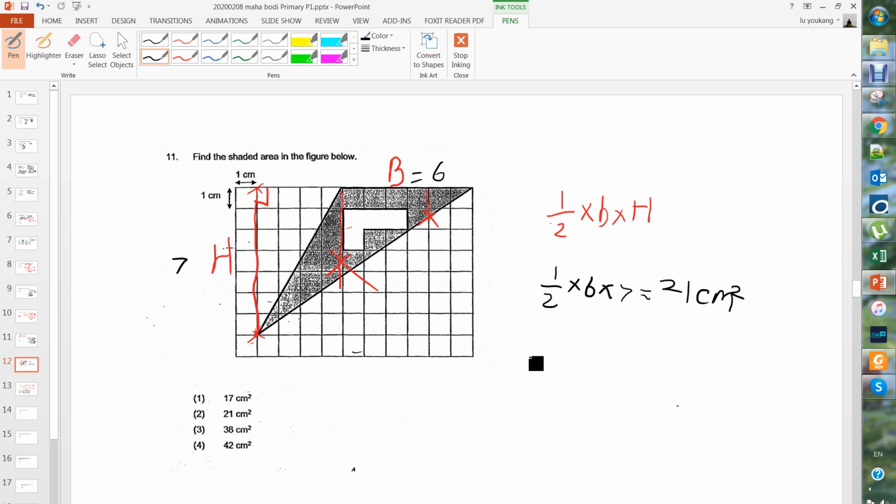Okay, what is the operation to find the shaded? Minus. So, one piece minus the whole. Which whole?